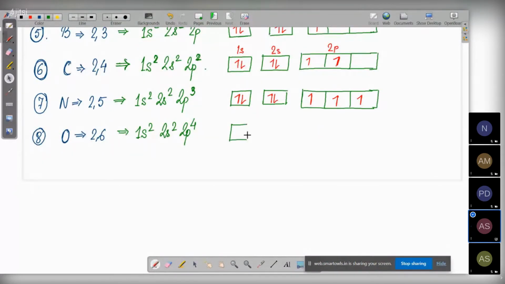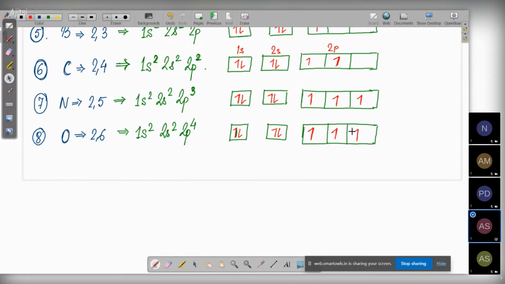The first box 1s2, then 2s2, now 2p4. So 1, 2, 3.